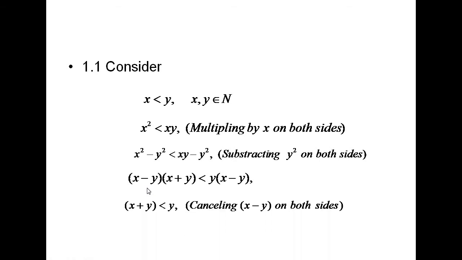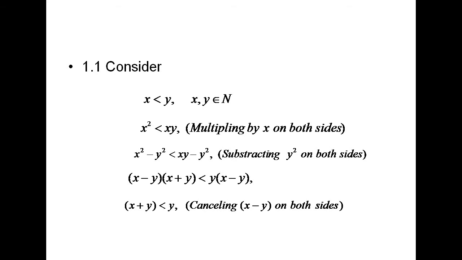Now here this is x squared minus y squared and this is xy minus y squared. From the right hand side we can take y common, and on the left hand side we write the factors x minus y, x plus y. Now here is x minus y and x minus y. Cancelling x minus y on both sides, we get x plus y is less than or equal to y.